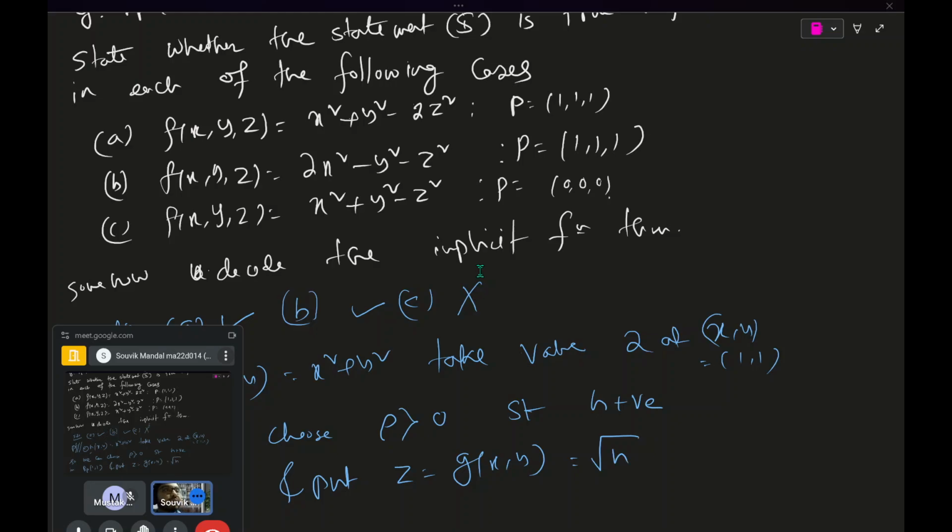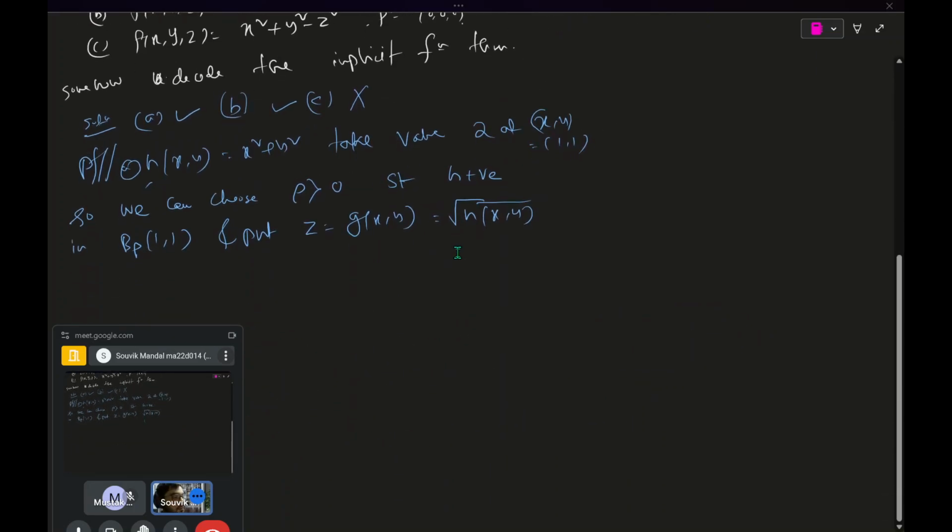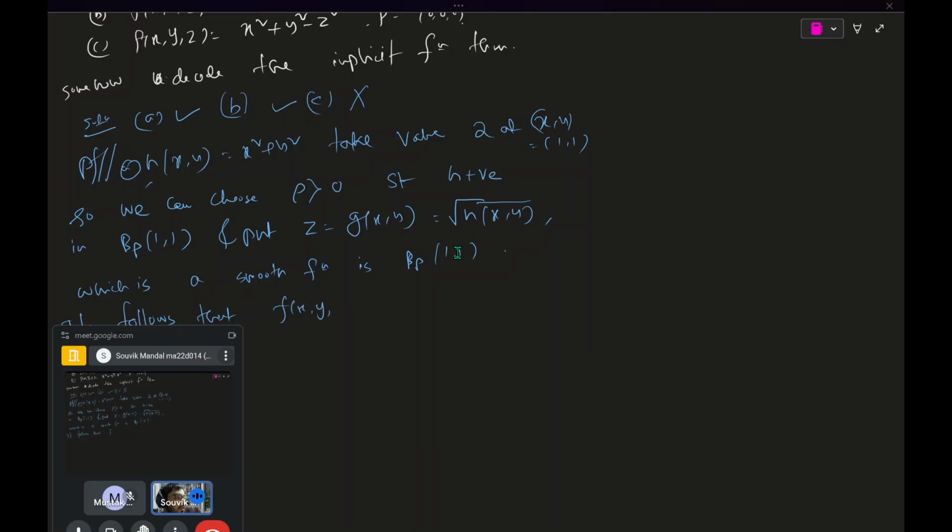Which is a smooth function in the ball around (1, 1). It follows that f of x, y, g of x, y is 0.